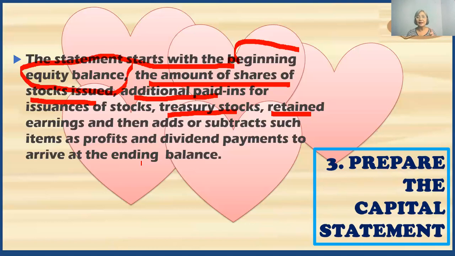Doon sa retained earnings, manggagaling yung drawings. Ang tawag doon sa corporation ay dividends. So, doon lang sa retained earnings, pwedeng kumuha ng dividend yung mga stockholders. Hindi sila pwedeng kumuha sa capital. Unlike sa sole proprietorship and partnership na sasabihin lang nila na kukuha sila ng pera, gagamitin nila for personal use, meron na silang drawing.